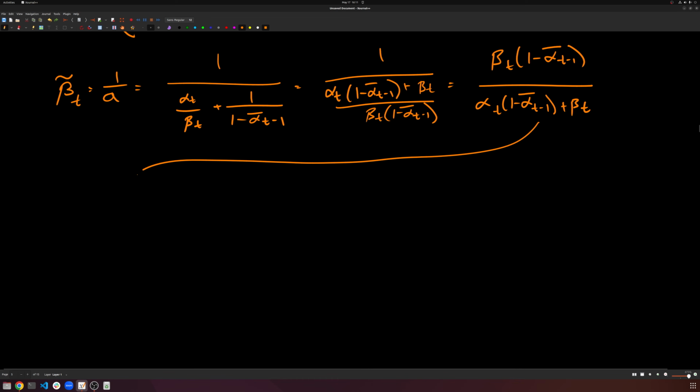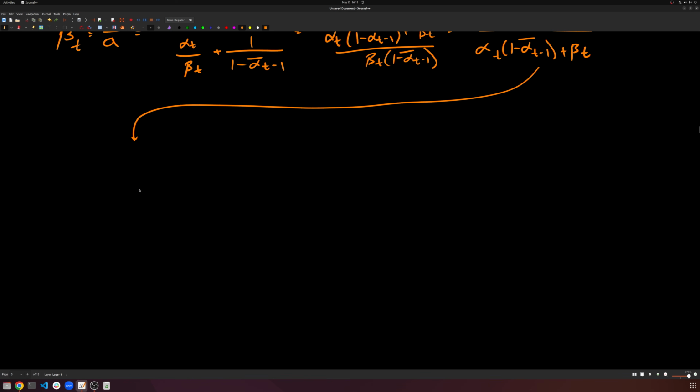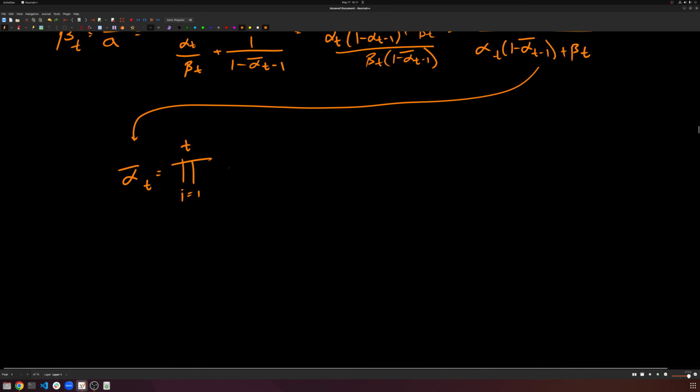Now we can actually simplify this quite a bit. To do that, we have to remember a fact we talked about. Alpha hat t is the product from i equals 1 to t of alpha i. If we pulled out one of the alphas from this product, we could rewrite it as alpha t times the product from i equals 1 to t minus 1 of alpha i.